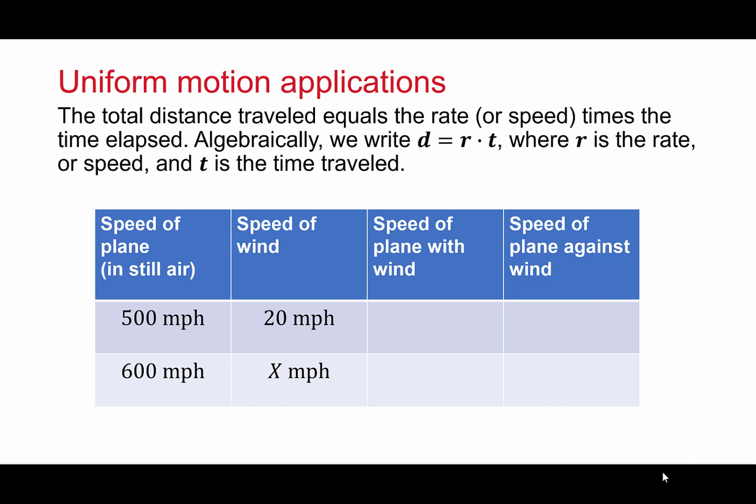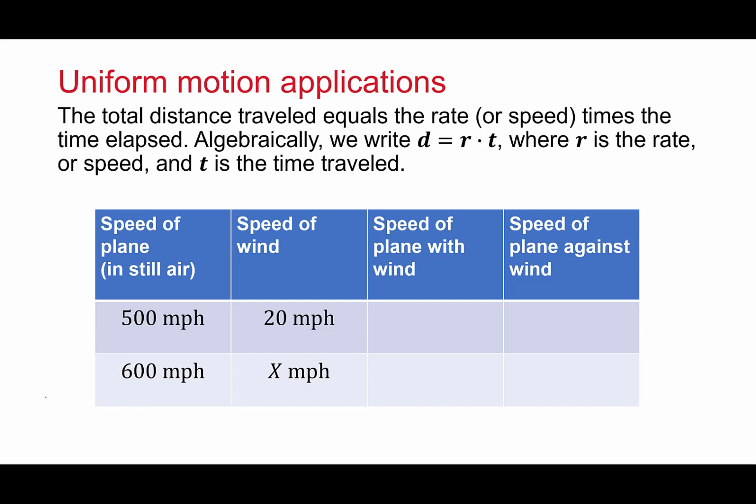Well, let's suppose our speed of the plane is 500 miles per hour and the speed of the wind is 20 miles per hour. If the wind is at its back, so this plane is traveling with the wind, then it will actually increase the speed of the plane by the wind speed.